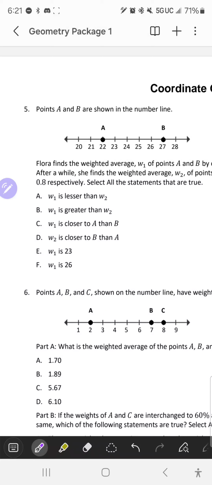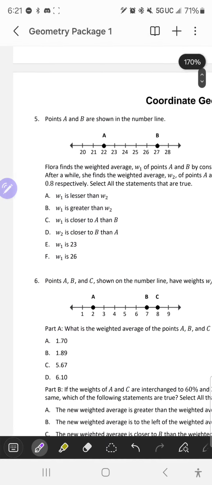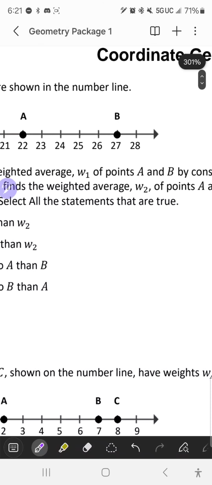Now, to do this, we need to calculate the weighted average. So this is basically what we have done before.